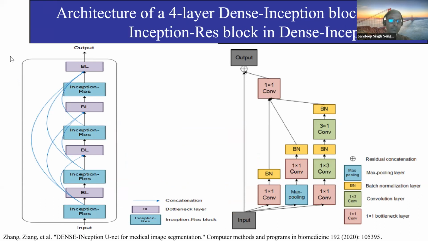And this inception residual block is further expanded in this other block. Here we are using the same size of filter, 3x3 convolution, but also 1x3 or 3x1, because we want to extract edges from the horizontal dimension or from the vertical dimension.